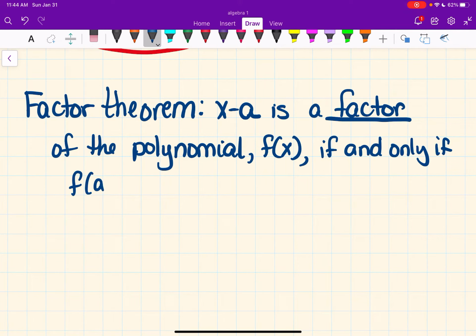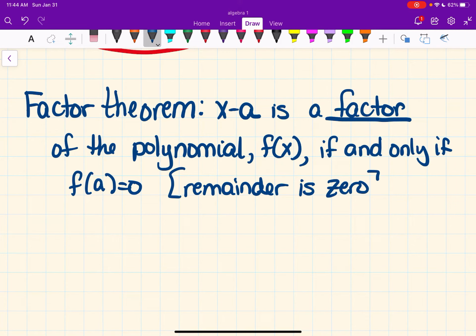In other words, the remainder, the solution if we evaluate for that number, is 0. So if the remainder is 0, it's a factor of that polynomial.